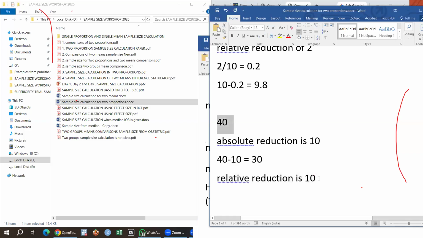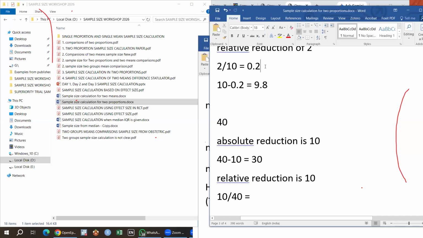So what will be here? What do I have to do? I have to write down 10 by 40. So what will be the answer?